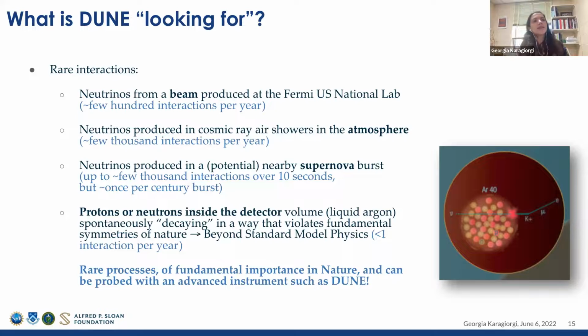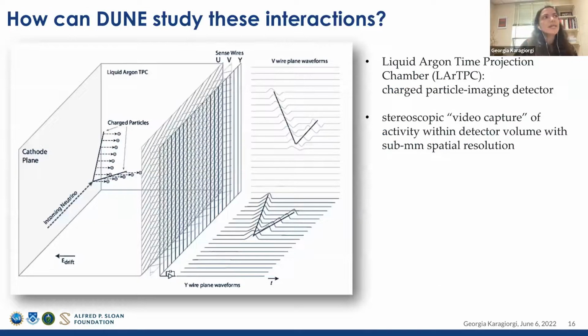So these are all rare processes, and they're all of fundamental importance in nature, and they can be probed with an advanced instrument such as DUNE. So let me tell you how DUNE works, and therefore how it can study these interactions.